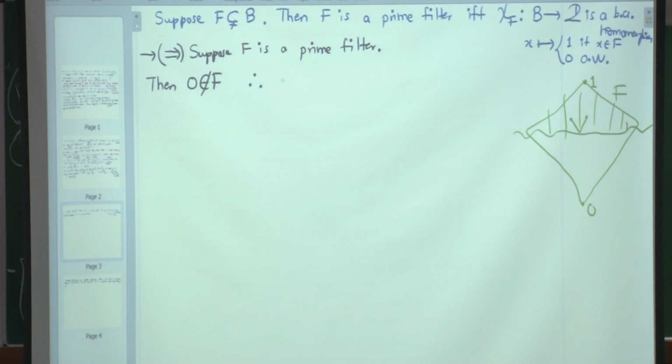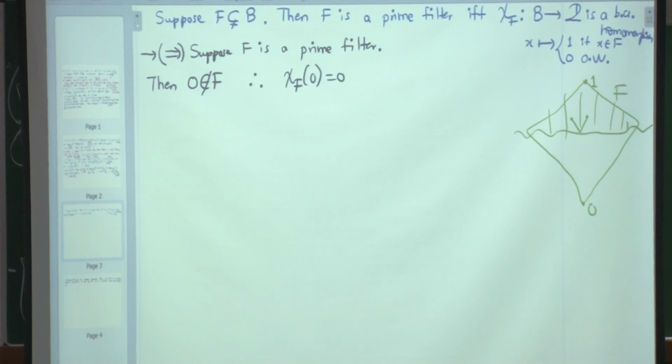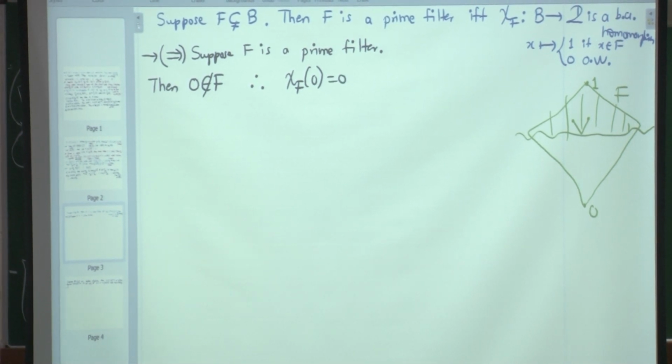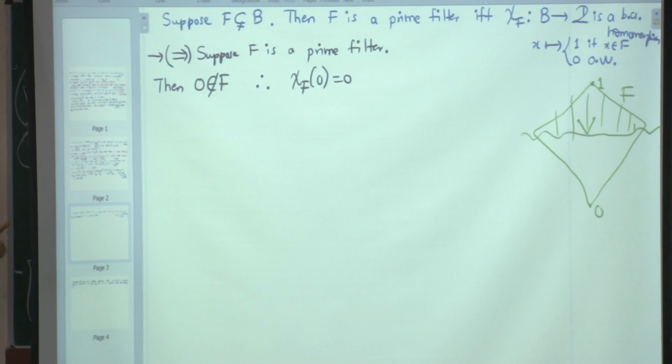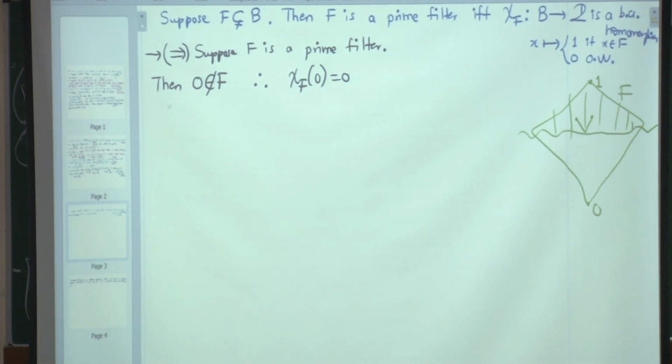So, what is the value of chi F at 0? 0. Okay. So, for a homomorphism 0 should map to 0, right? 1 belongs to F because F is a filter, therefore chi F of 1 is equal to 1, right?